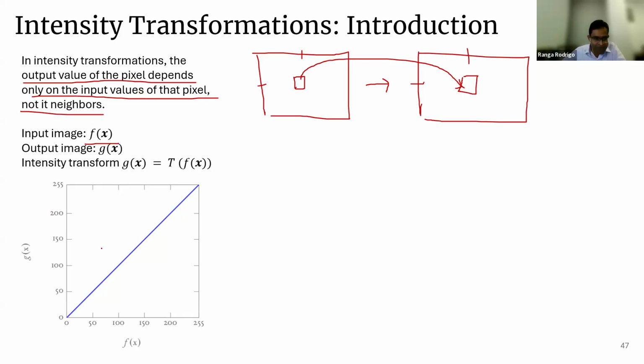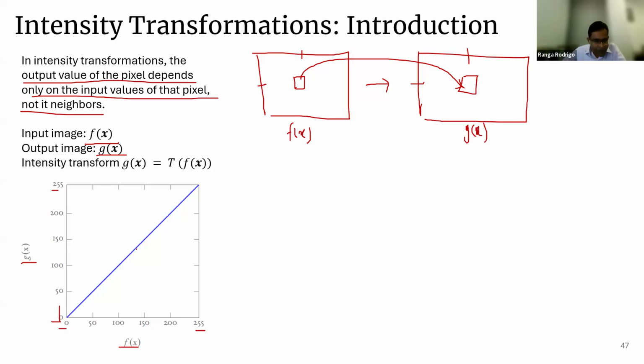So if we consider the input image as f(x), I have marked that here, intensities are from 0 to 255, and you can see g(x) here, intensities are also from 0 to 255. This is my f(x) input image. X is the location. This is my g(x), the output image.